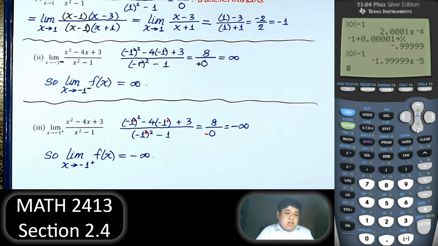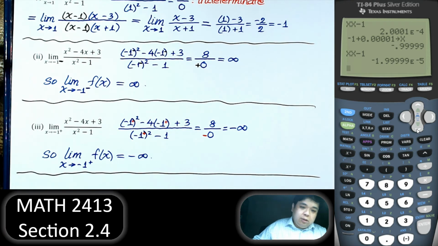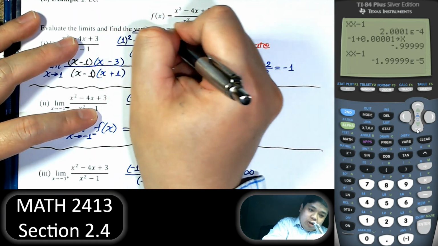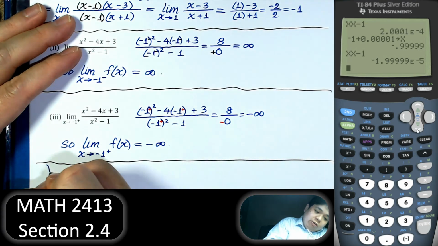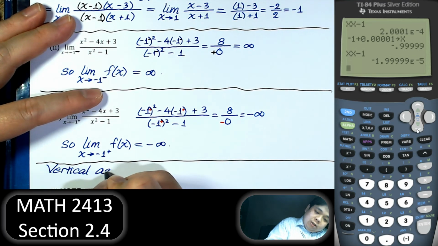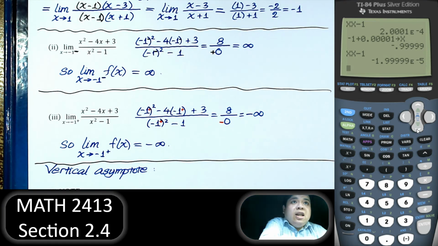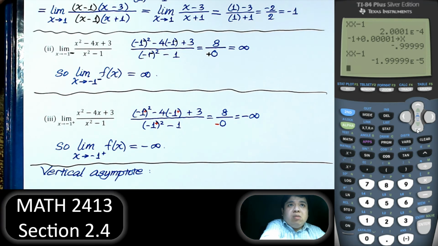Right, this question also asks us what the asymptotes are. So in this case we have to find the vertical asymptote. Whether it's a one-sided limit or a two-sided limit, it doesn't matter.